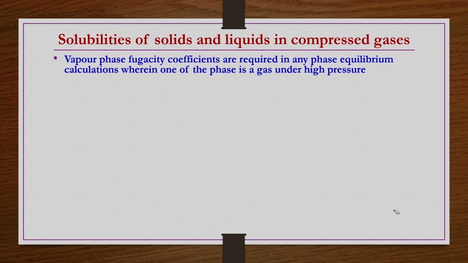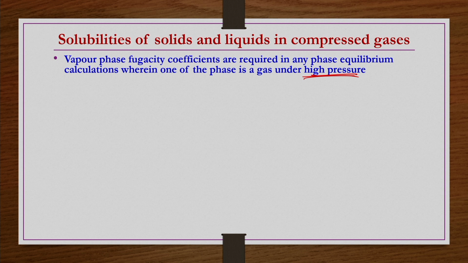Vapor phase fugacity coefficients are required in any phase equilibrium calculation wherein one of the phases is a gas under high pressure. High pressure means compressed gas, that is, the gas or vapor phase is at high pressure. That means vapor liquid equilibrium or some other kind of solid liquid equilibrium; those problems we are going to see.